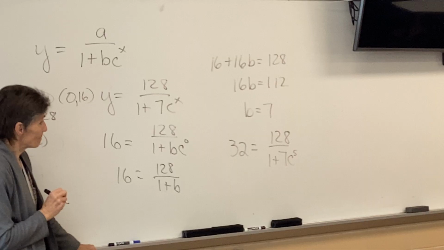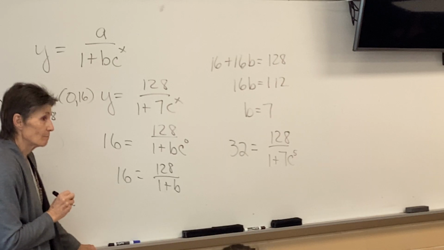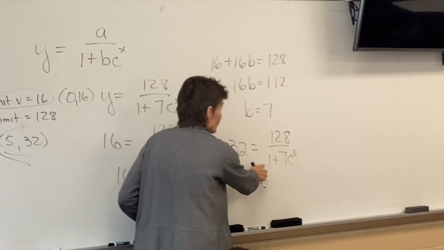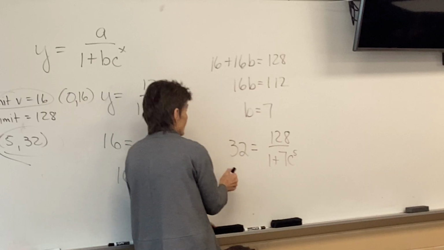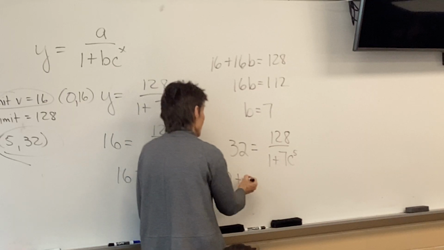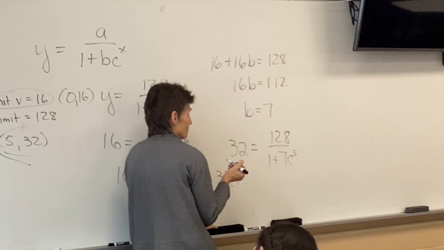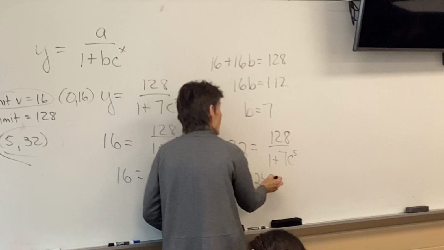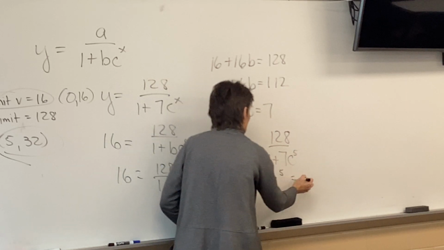Now what? Multiply this over. So 32 plus 224C to the 5th.